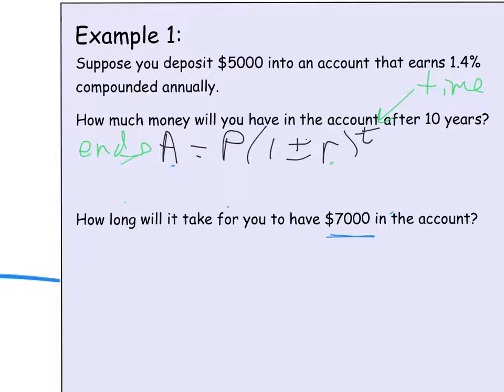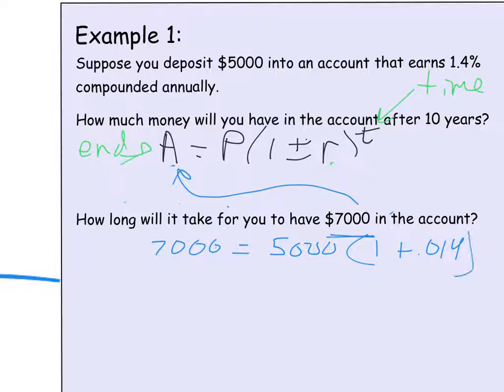So here's how you do it. This 7,000 is your end amount, so you're going to plug that in for A. So it's going to be 7,000 equals, well, we started out with 5,000. That's the P. It's 1 plus that 0.014. And now we're looking for T.